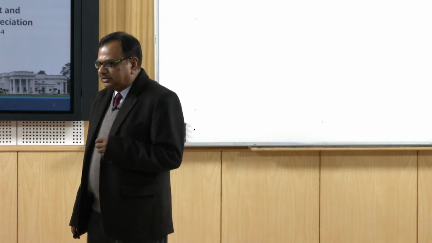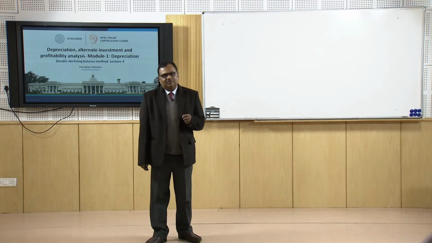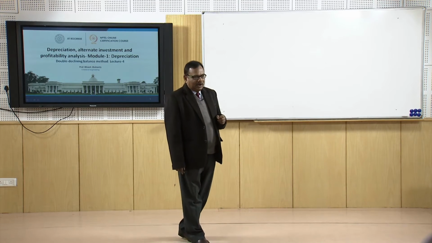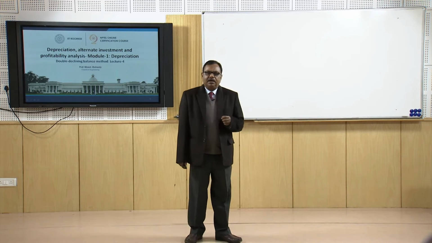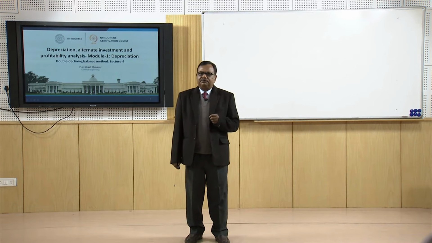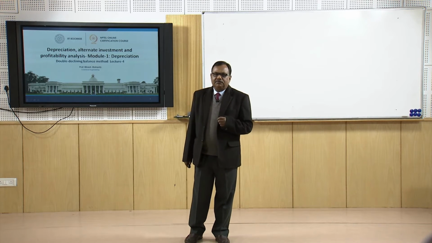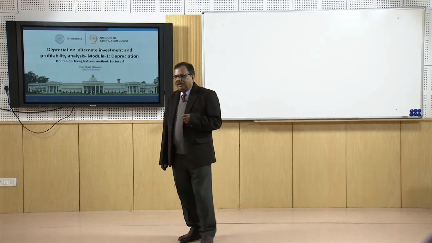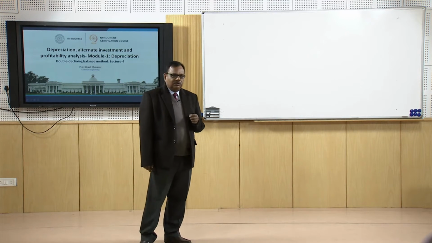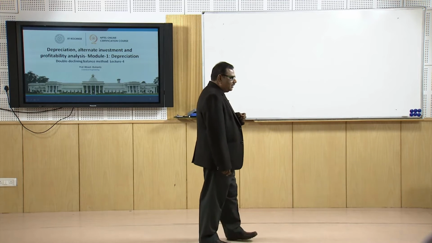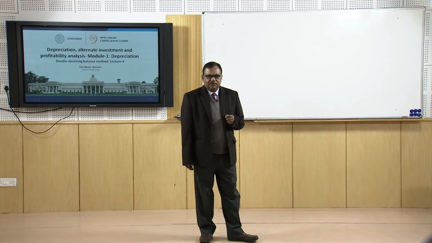I had also explained in the declining balance method that if the depreciation is high in the early part of the useful life, then one has to pay less taxes, and hence more money will be there in the firm to utilize.